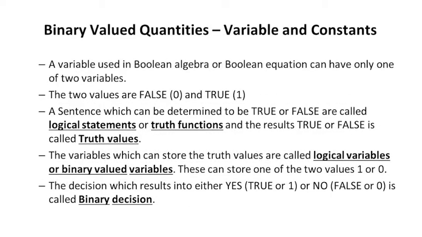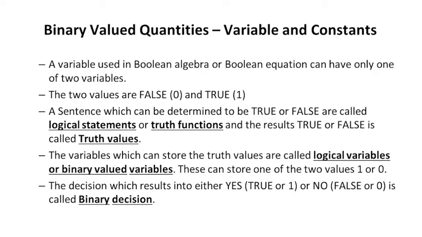Binary valued quantities, variables and constants. A variable used in Boolean algebra or a Boolean equation can have only one of two values. The two values are false or true.